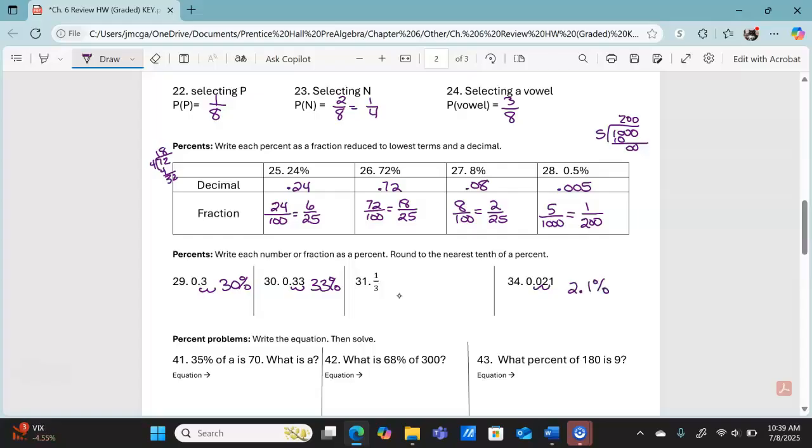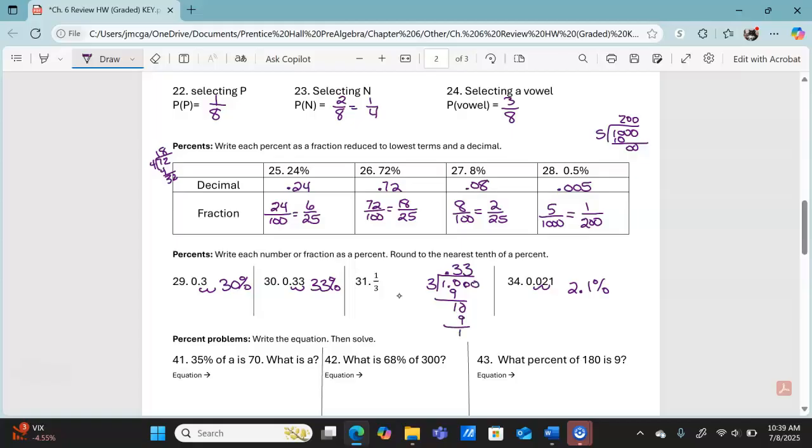Number 31, though, is a fraction. So we can't go from a fraction. We have to find the decimal equivalent. Now, you may know the decimal equivalent of 1/3, but if you do not, we'll go in 3 times. That would be a 9. Bring in another 0 would be a 3 again. That would be a 9.